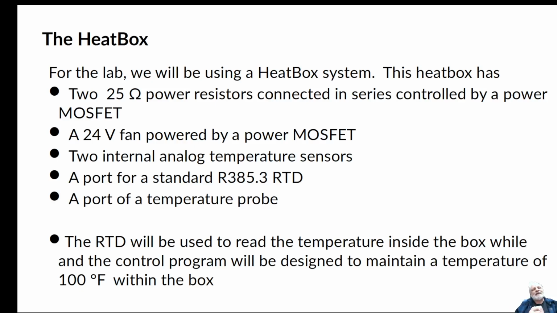Resistors turn current into heat. And then we also have a fan powered by another MOSFET. The idea is we want to get the temperature in there and keep it at about, say, 100 degrees Fahrenheit within the box. If it starts getting above that, then we'll kick on the fan and drive some air through it to cool it off.